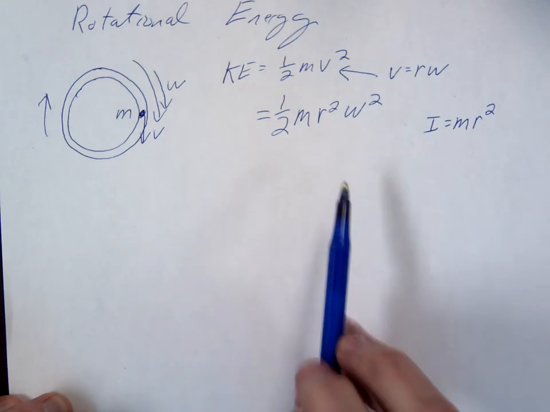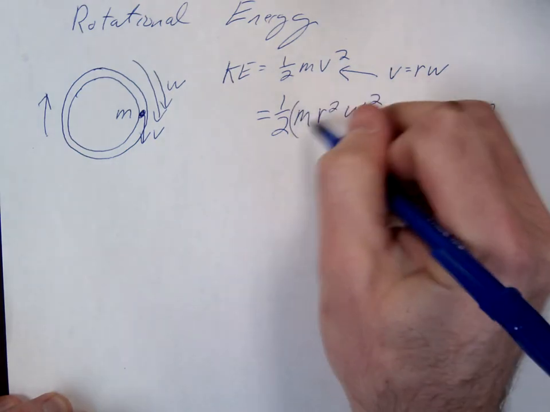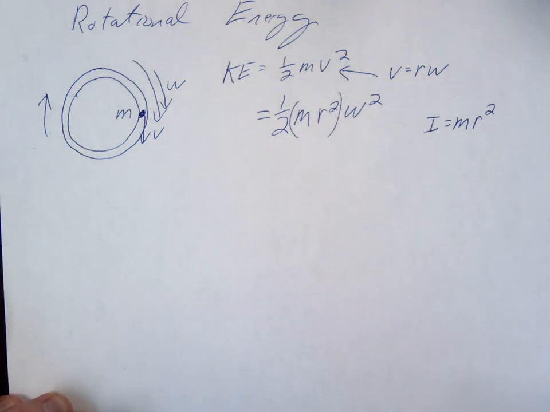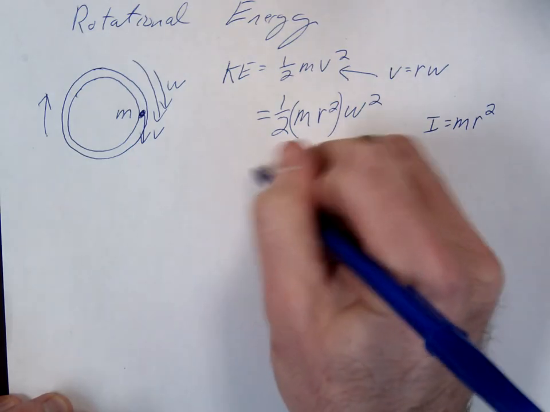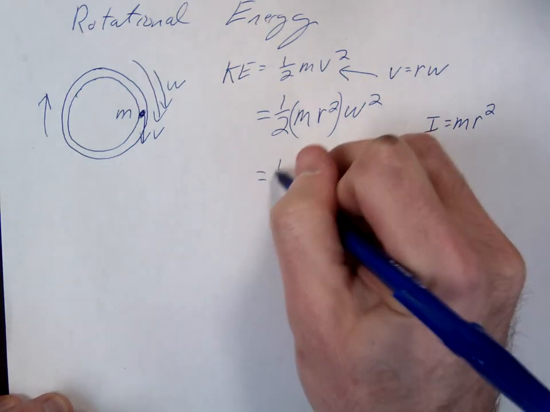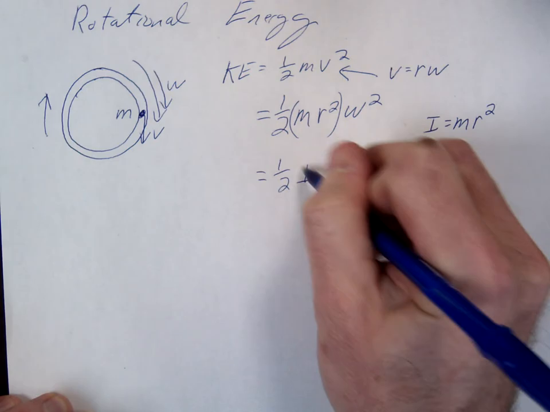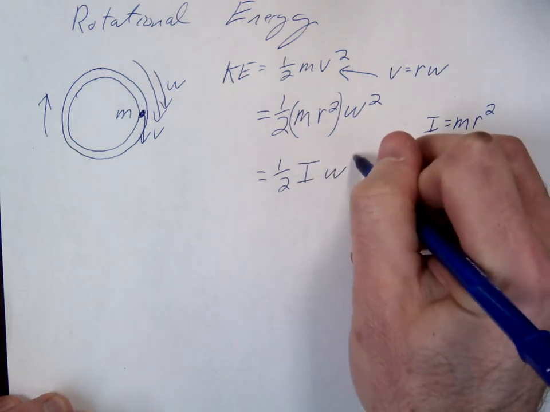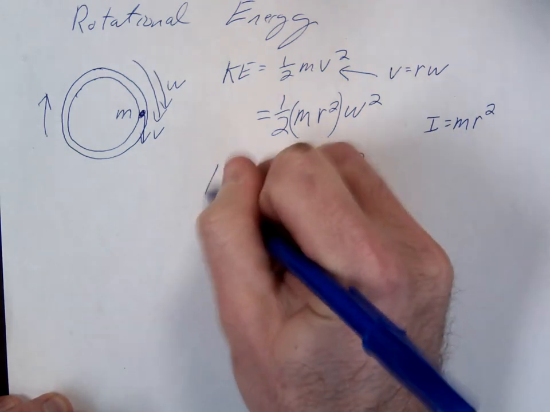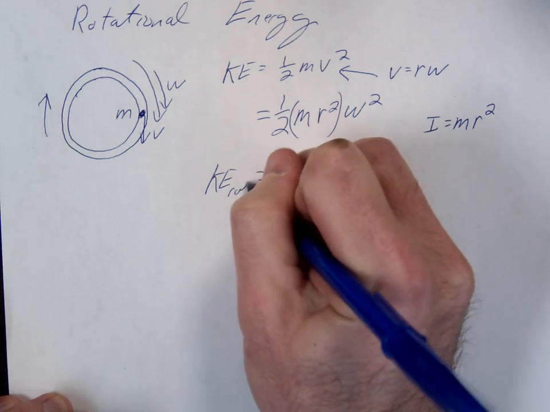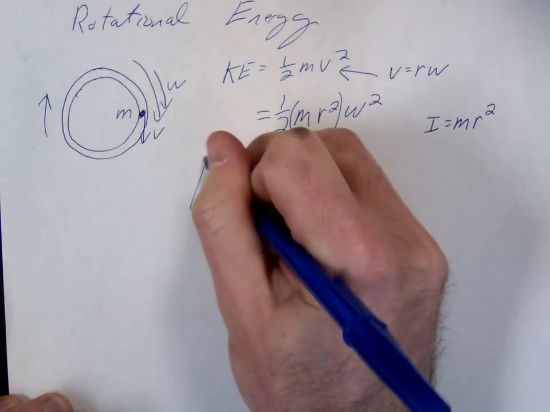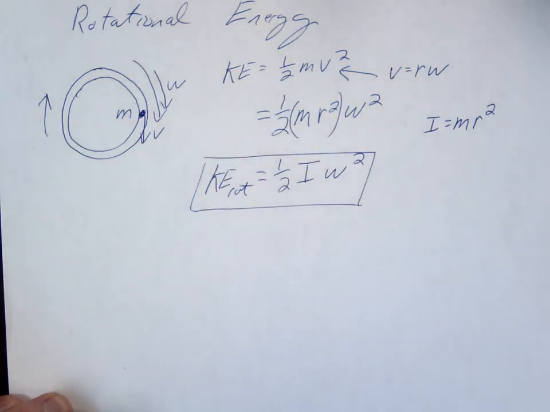Well, take a look at our equation here. We have mr squared. So we could write this as 1/2 I omega squared. So this is our equation for rotational kinetic energy.